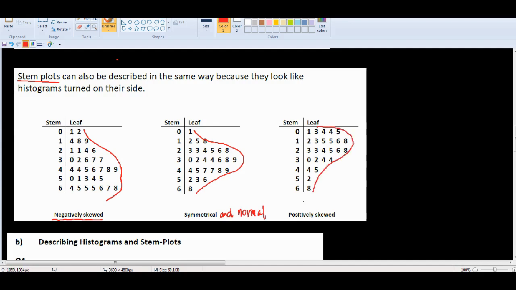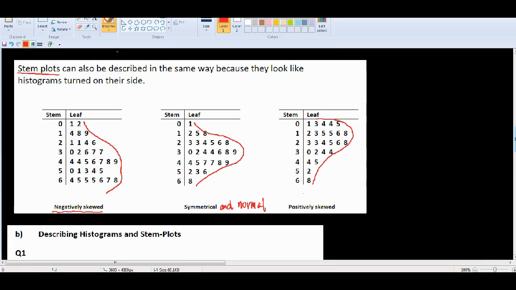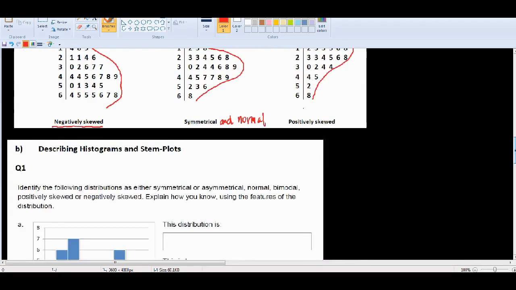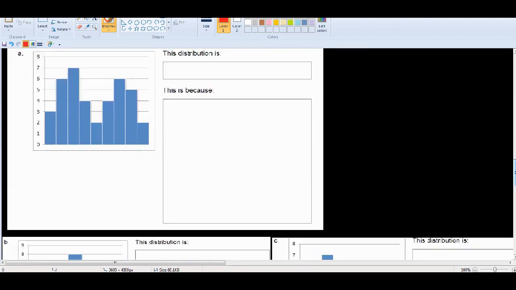The peak or the clump is on the smaller end of the data, and you got a long tail on the big end of data. So this is what we call positively skewed, right? Okay, so there are different ways to visualize what kinds of distribution they are, right?